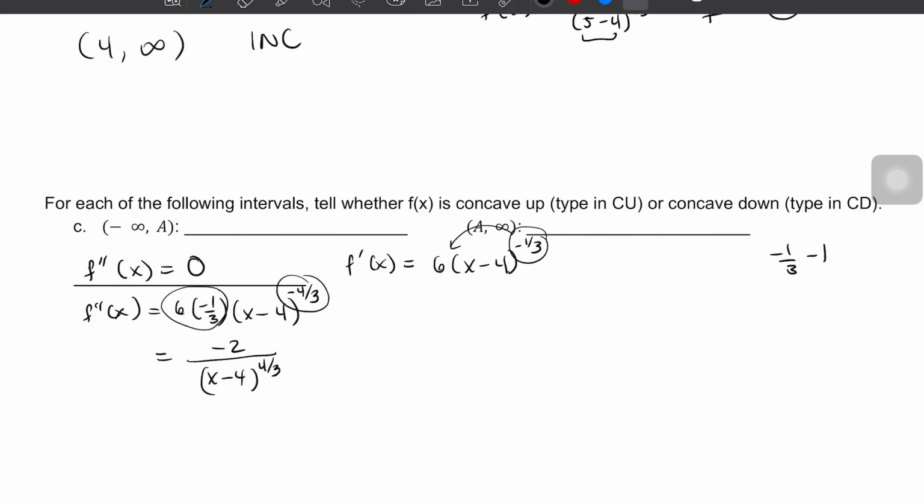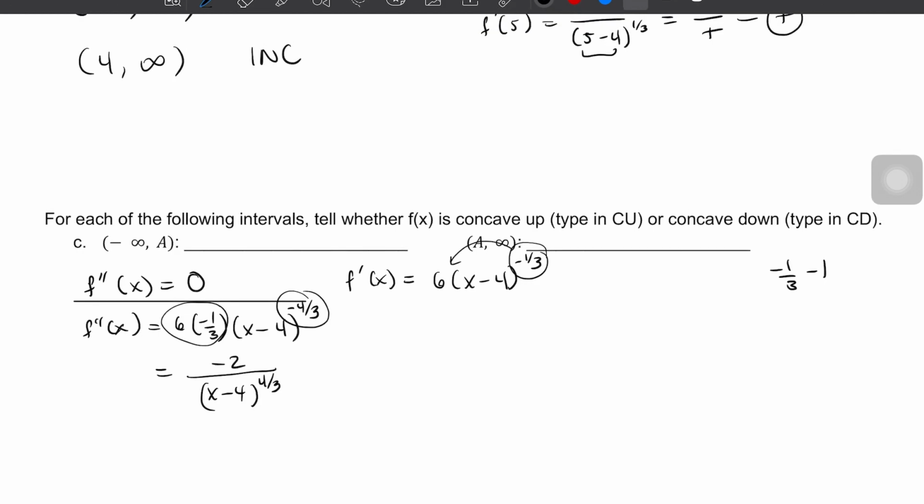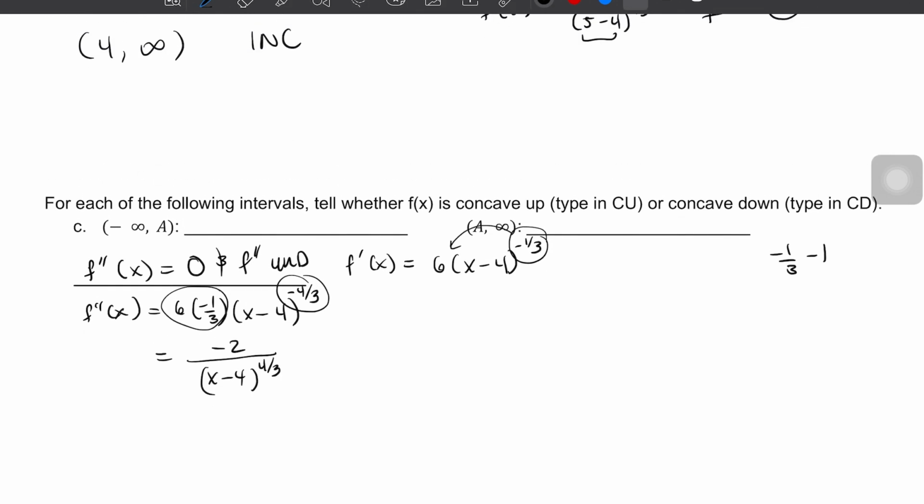Alright, so we're going to find where this is positive or negative. We also have to find out where this is undefined. In this case, this is never going to equal 0.